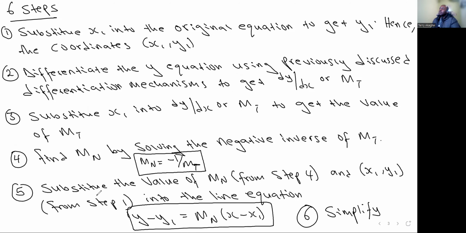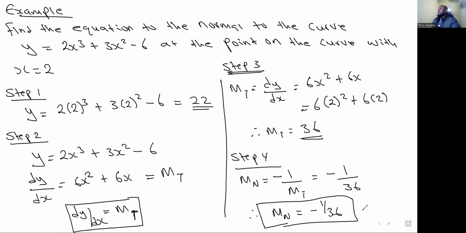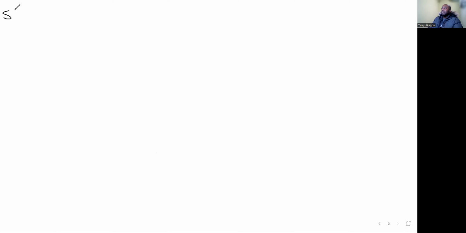Then step 5, we need to substitute the value of mn and x1 and y1 into the line equation. Okay, so let's go back. Step 5, we need to now get the line equation. The line equation is y minus y1 is equal to mn times x minus x1. This is the equation of a normal, okay?